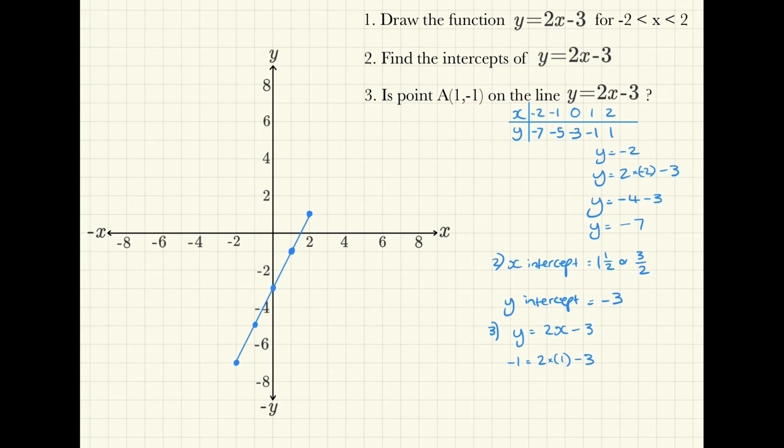Here we go. -1, let's do some solving on the right-hand side. 2 times 1 is 2, and 2 take 3 is -1. So we just determined algebraically that point A, which has a coordinate of (1, -1), is on the line.